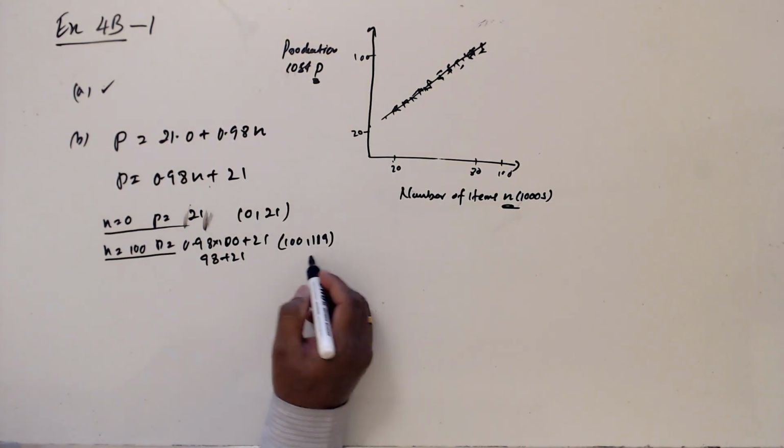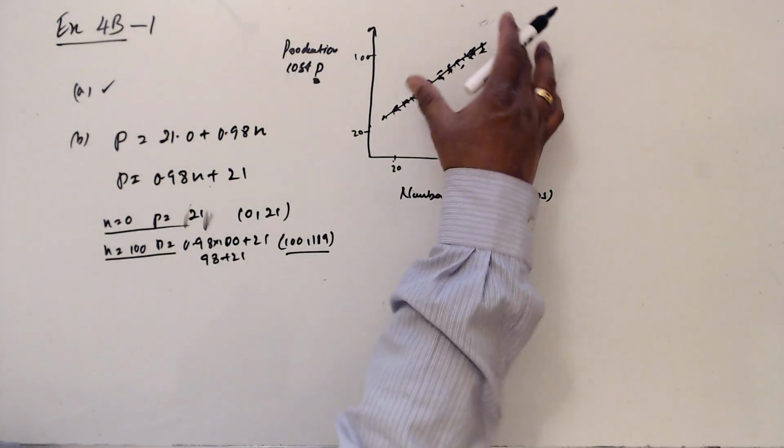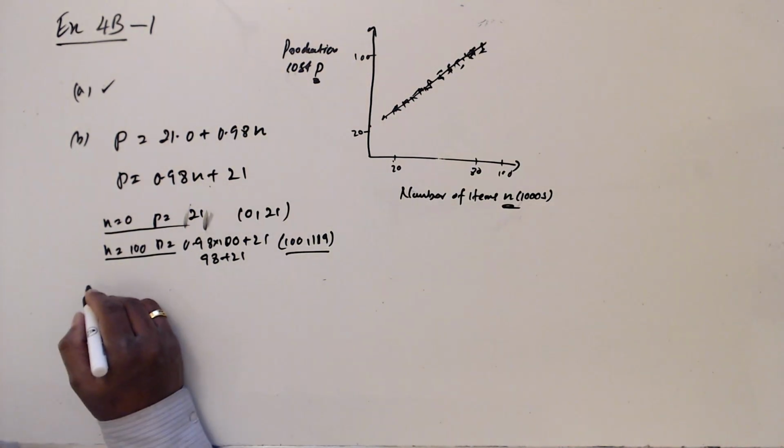It is an integer value, and you can keep these values, and with a ruler you can draw the line.